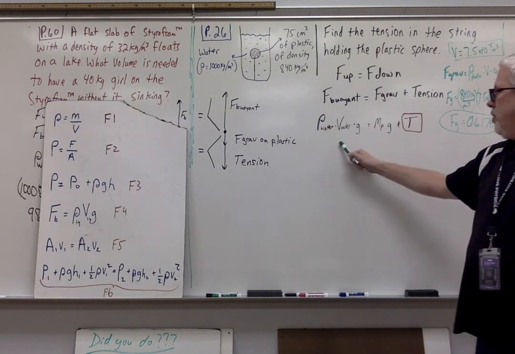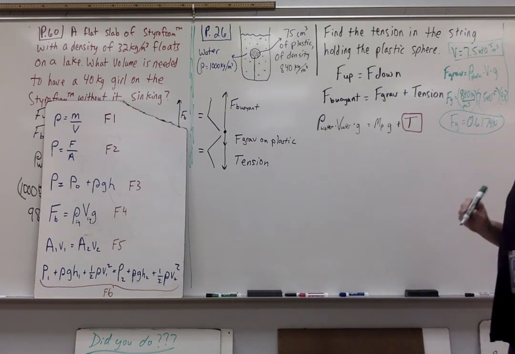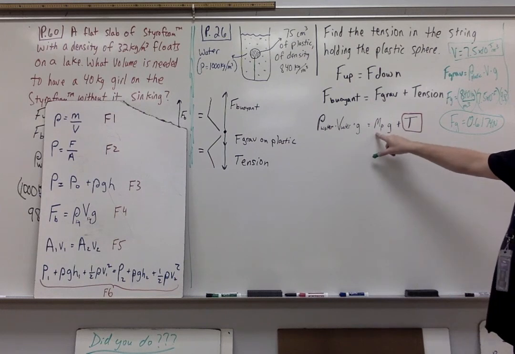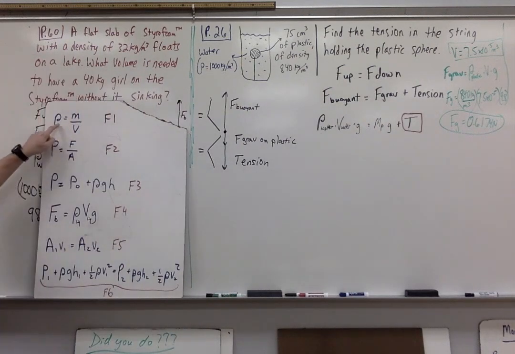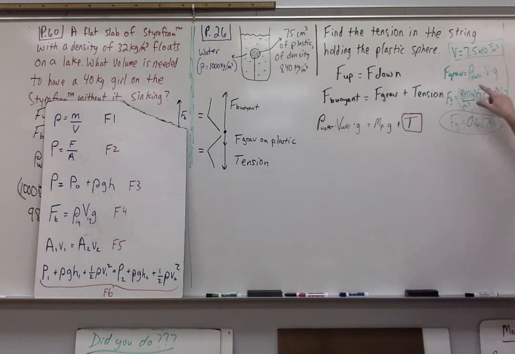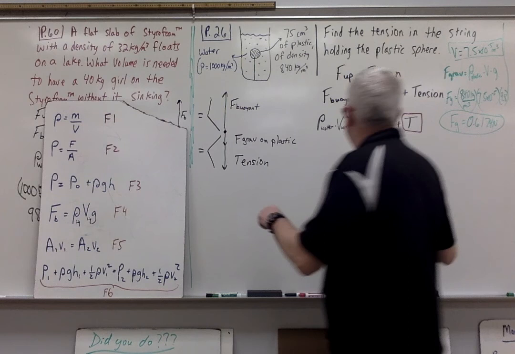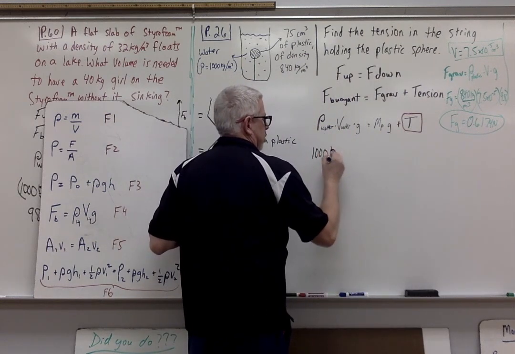This is going to be the weight of the water displaced. This is going to be the weight of the plastic. The tension is going to be the difference between the two. So I guess I could have probably done this a little bit more over here. But once again, if we use our density formula and rearrange it, volume times density would equal mass. So essentially I'm getting that mass up here by using volume times density. That really is mg. So in this particular case, density of the water, 1,000 kilograms per cubic meter.